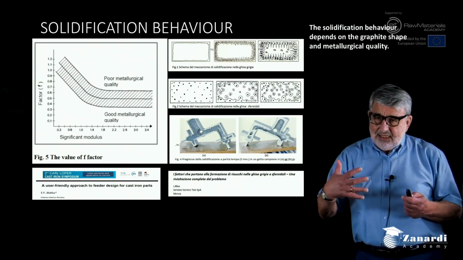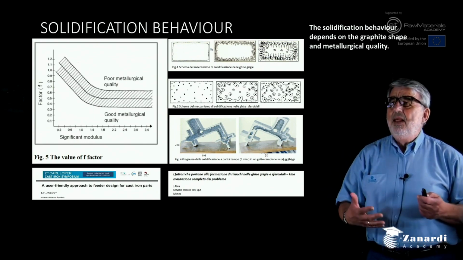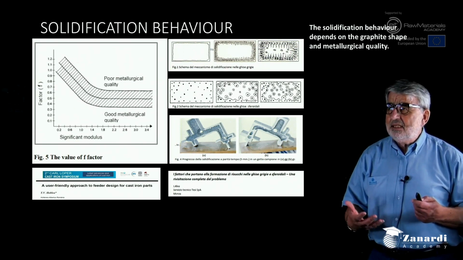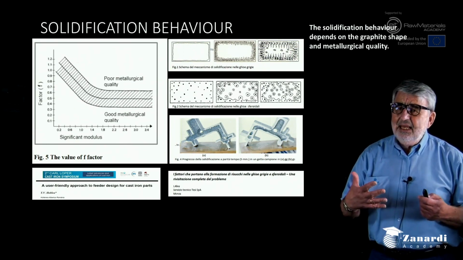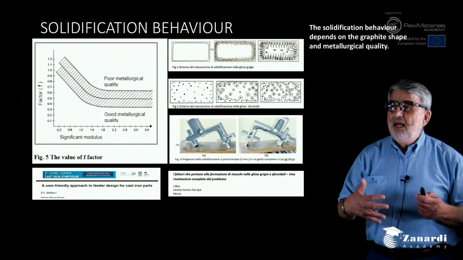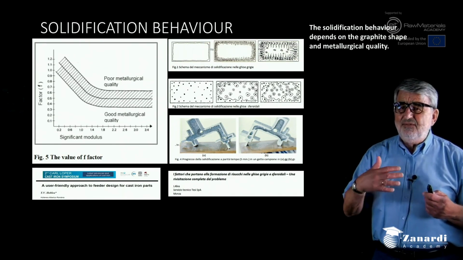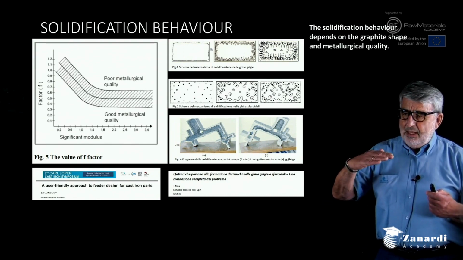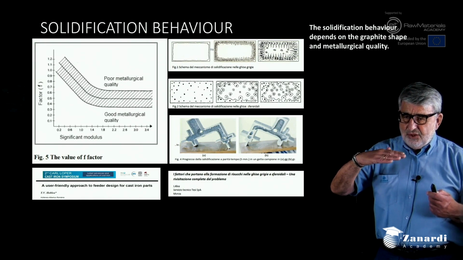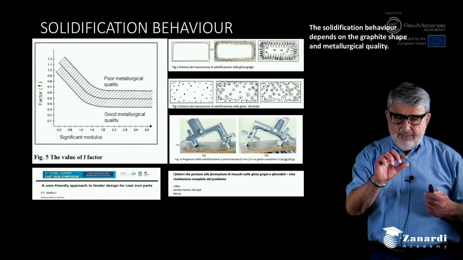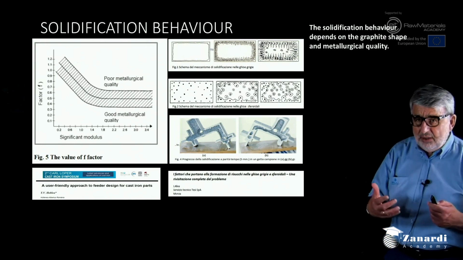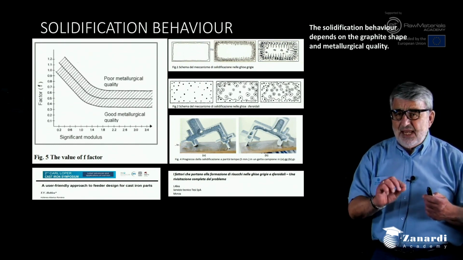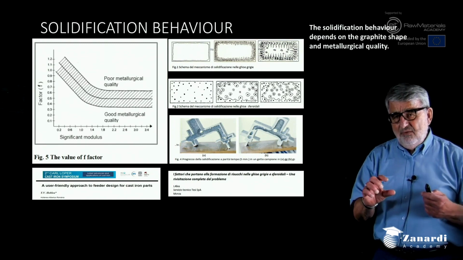This latent heat release is transferred to the remaining liquid that is freezing in a so-called stratified way. So we have a progressive solidification from the metal that is in contact with the mold, up to the central part of the thickness.